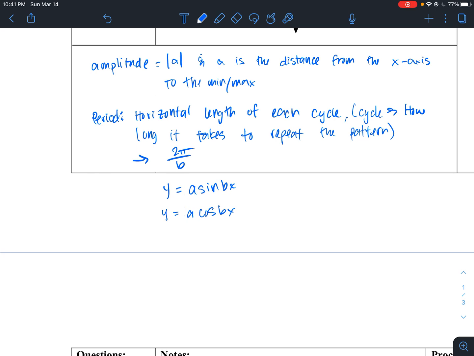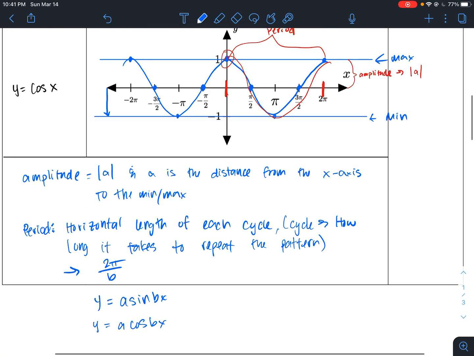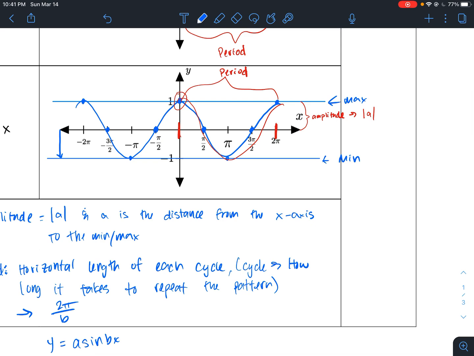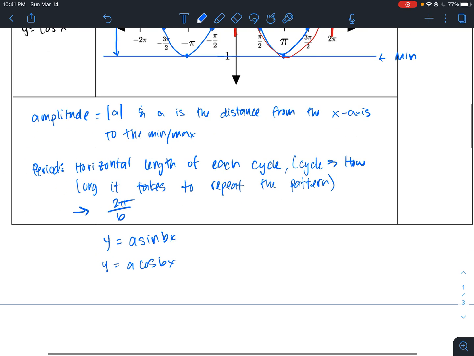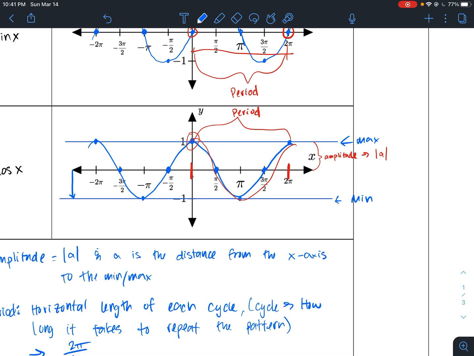So this a is your amplitude, right? So vertical stretches and shrinks are always how long you are stretching the graph vertically. Okay, so we could say if a was 2, we would be stretching this by a factor of 2, which means our amplitude would actually go up 1 more unit all the way to 2.